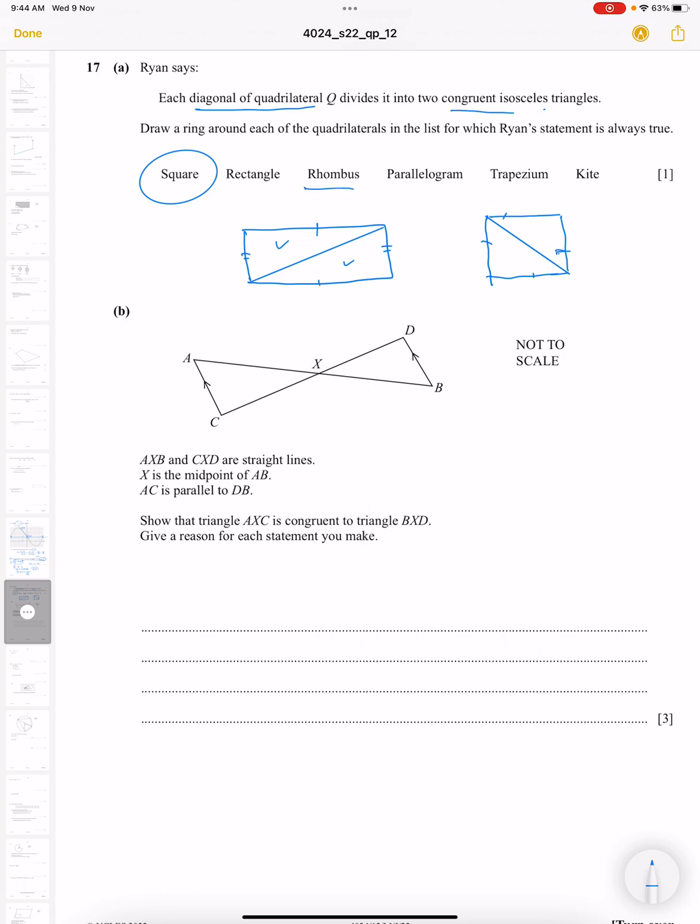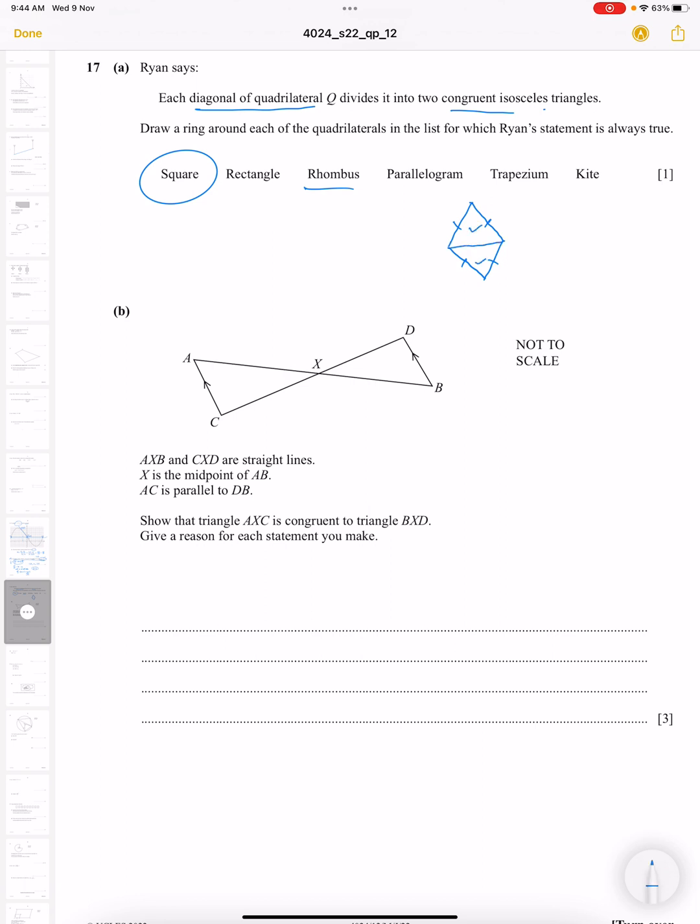Now let's talk about the rhombus. A rhombus is a quadrilateral whose all sides are equal in length. This condition is the same as a square, all sides of a rhombus are also equal in length, but in a square the corner angles are 90 degrees, which is not a necessary condition in a rhombus. Now if you draw one diagonal of the rhombus, yes, it is dividing it into two isosceles triangles.